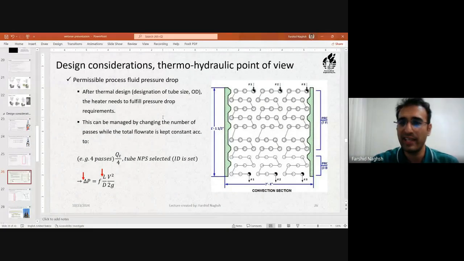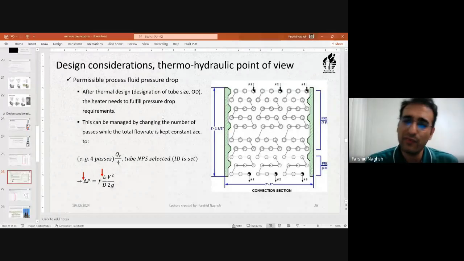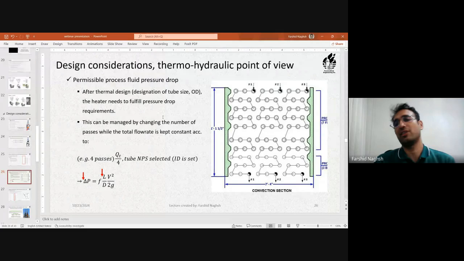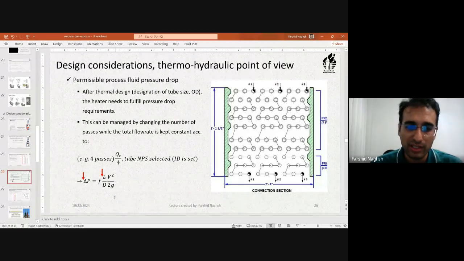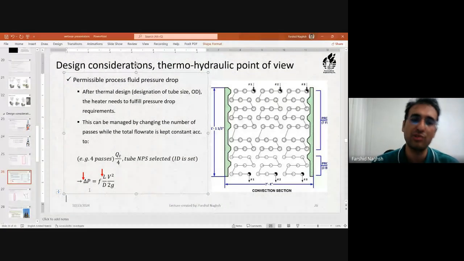One of the ways, which is very normal in different heat exchanger designs, to reduce this pressure drop inside the heat exchanger or the heater, is to divide the fluid into, for example, 2, 4, 3, 6, 8 different passes, and reduce, see this equation, L, the length of the tubes that the fluid passes, and reducing this reduces the amount of pressure drop.